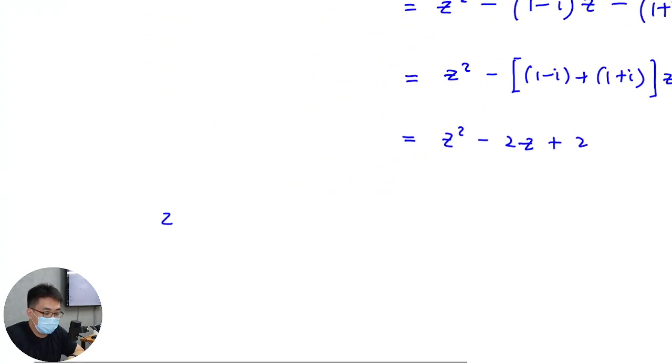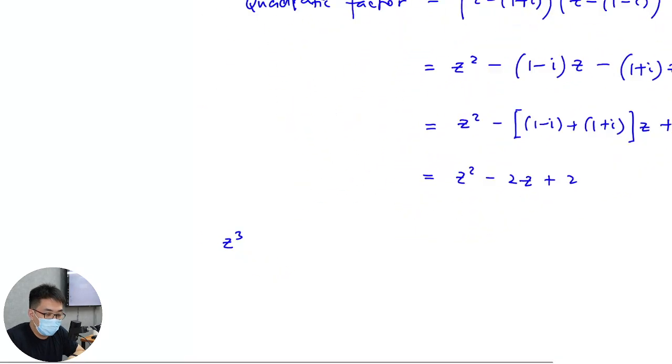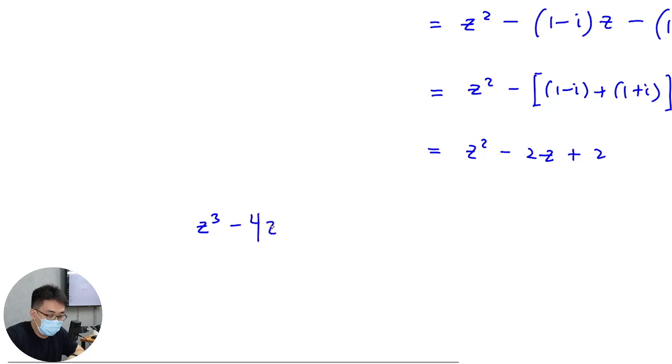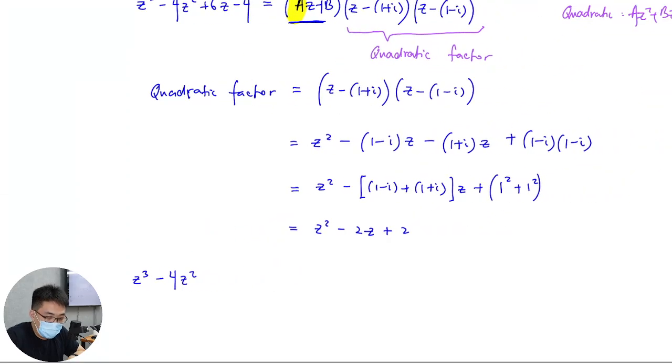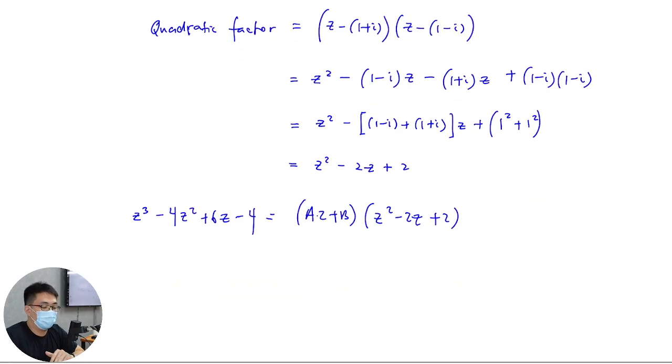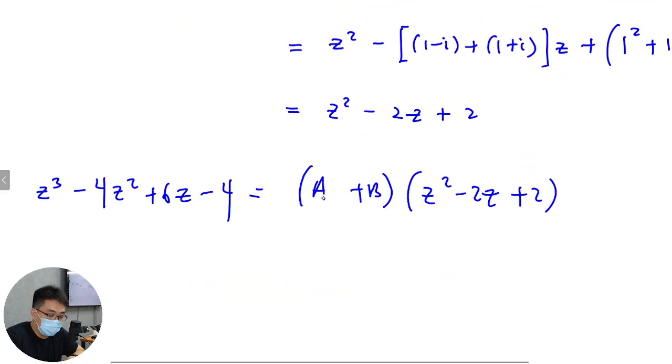So z cubed minus 4z squared plus 6z minus 4 equals az plus b times the quadratic factor. Okay, I suggest comparing coefficients. You can do a long division, obviously.